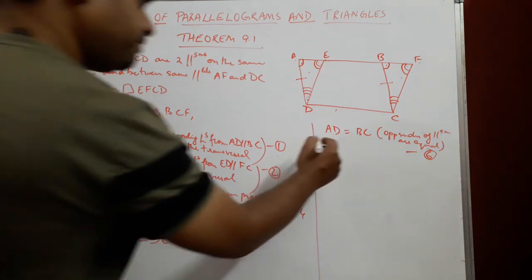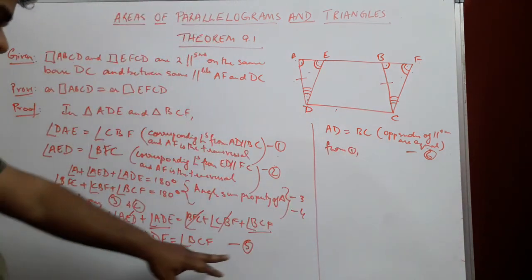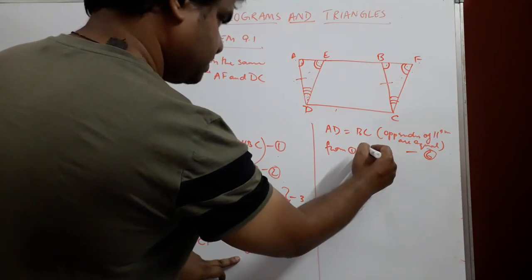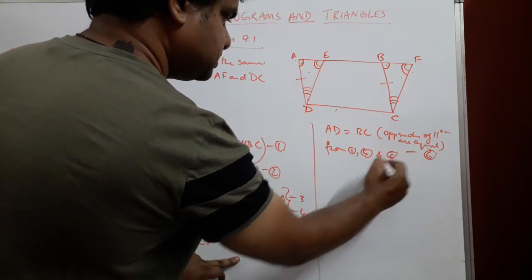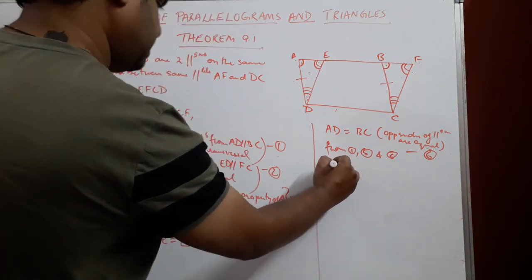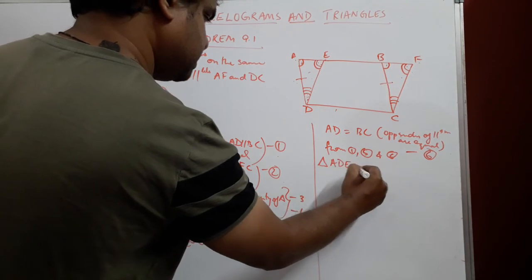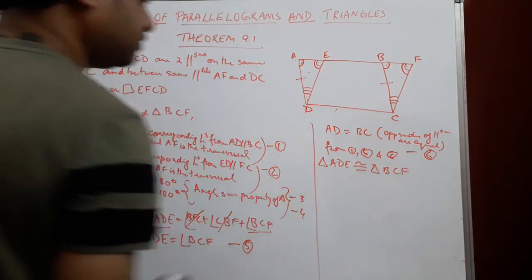So from 1, then from 5 and 6, we get triangle ADE as congruent to triangle BCF.